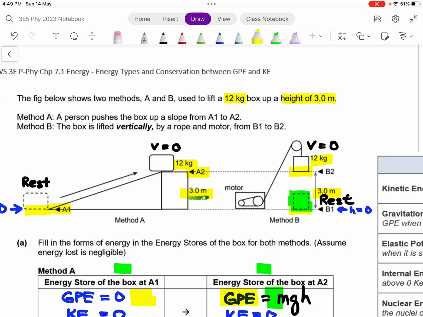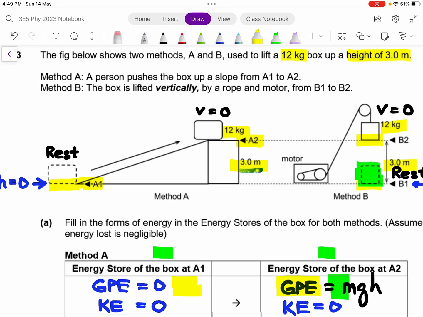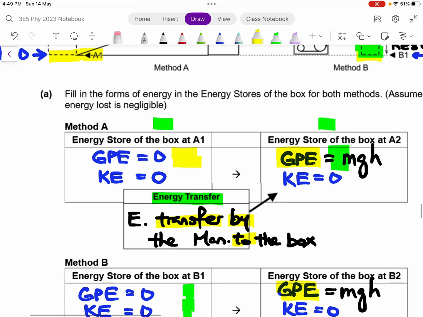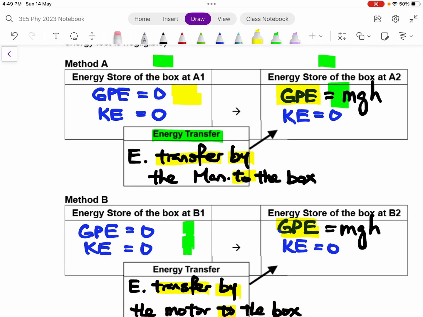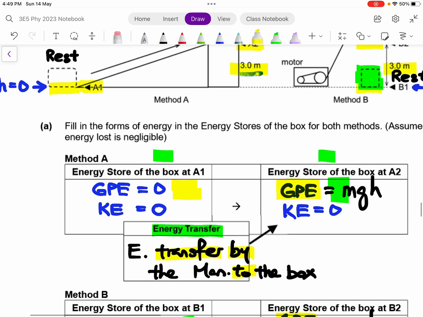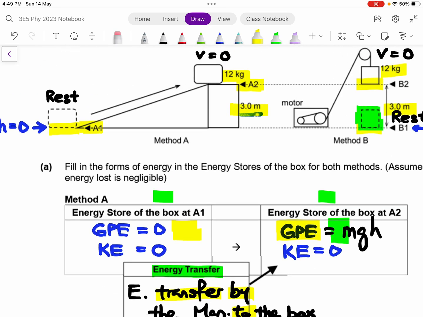So if you think about it, the way we model our energy model is oversimplified, right? There are some things that we didn't account for, and this is actually the reason why our calculation does not match how we experience life in reality, right? Number one, when we are pushing up a slope, the box will be rubbing against the slope, right?